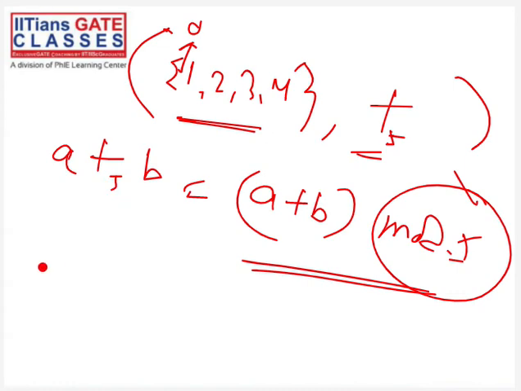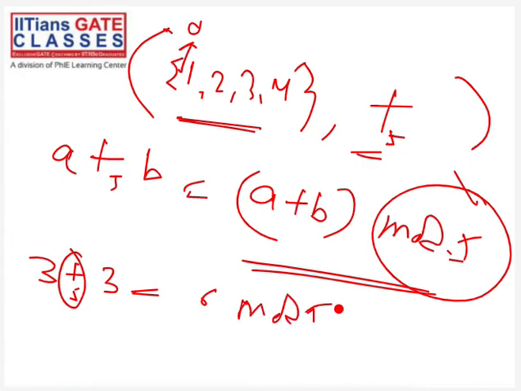What will happen now? If you do 3 plus 3, remember plus is not our operation; our operation is plus modulo 5. So 6 mod 5 is 1.